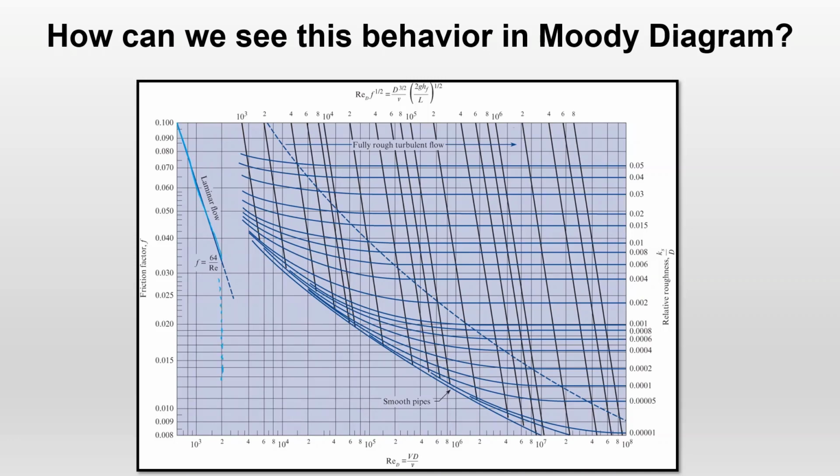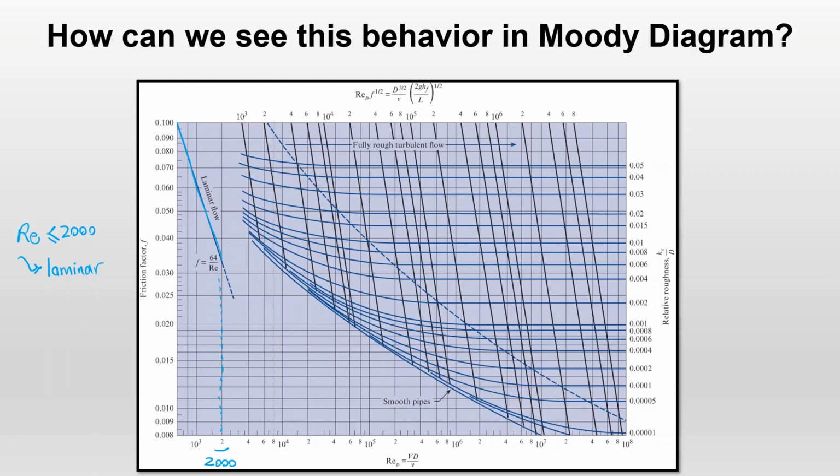If I go down over here, you will see that Reynolds number is 2000, right? And if you remember, when Reynolds number is less than or equal to 2000, flow is laminar. And that line represents laminar flow.